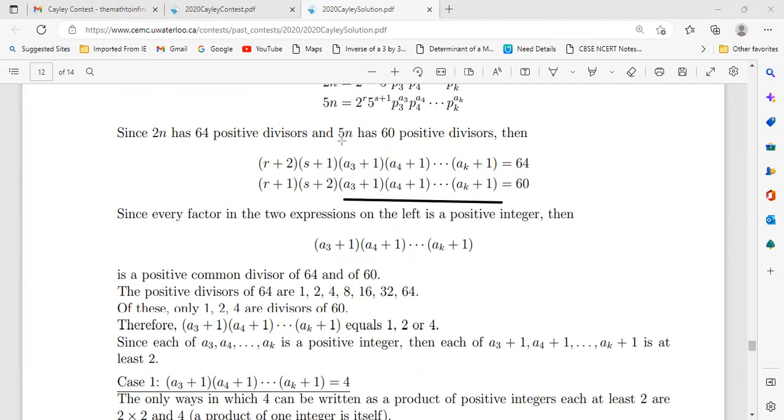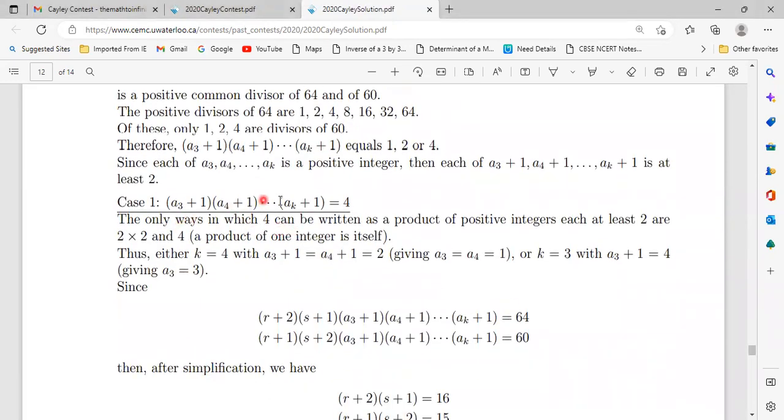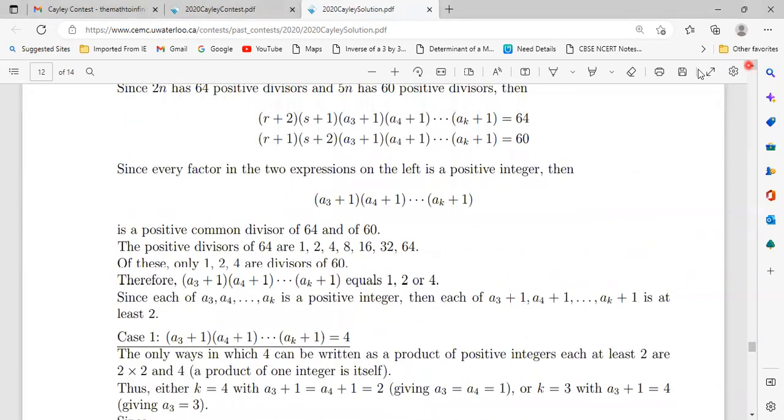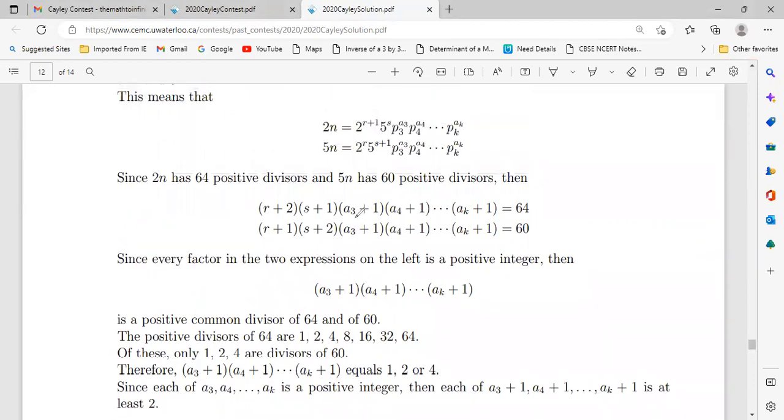They are assuming this a3 plus 1, a4 plus 1, and ak plus 1 as 4. So if you assume that part as 4, you will just have to replace this by 4 and this part also by 4. Here they are in multiplication, so just move it to the right side, it becomes division.